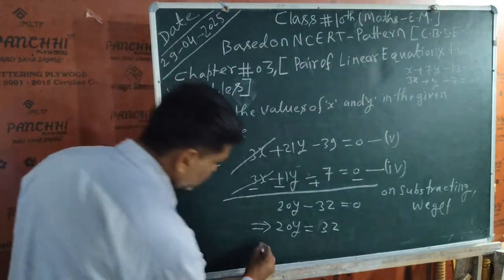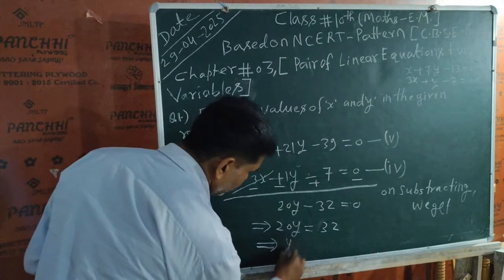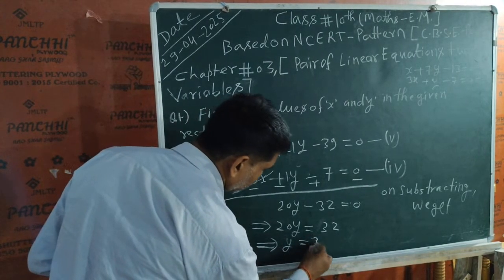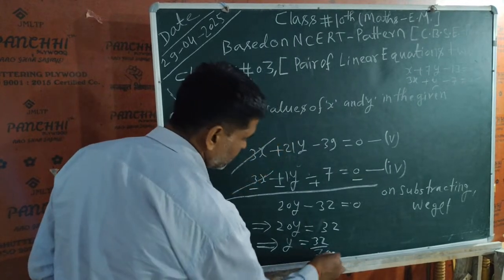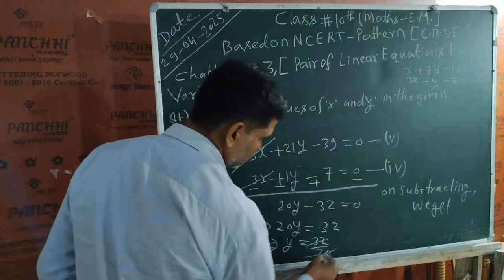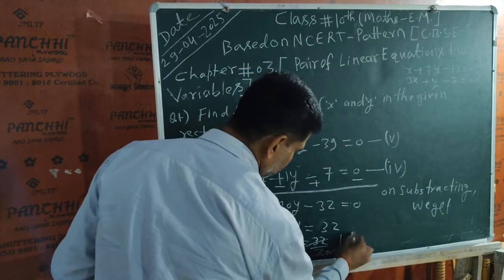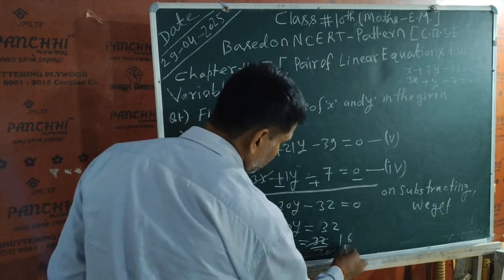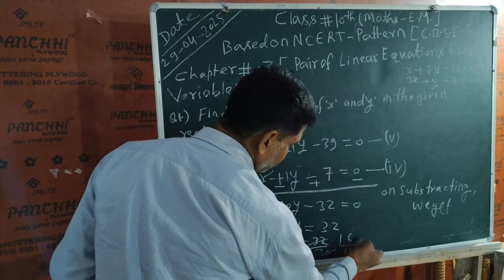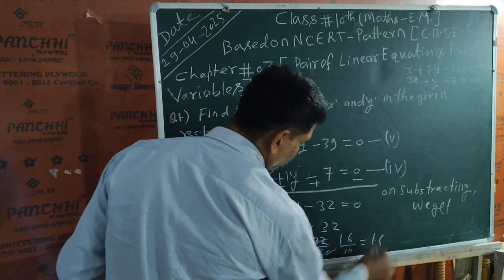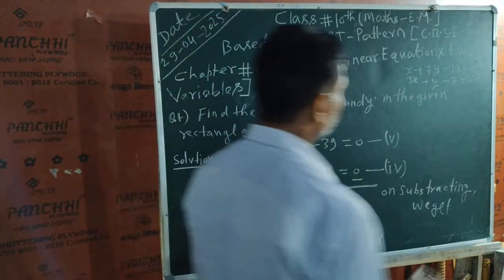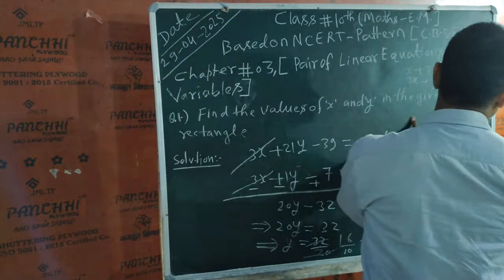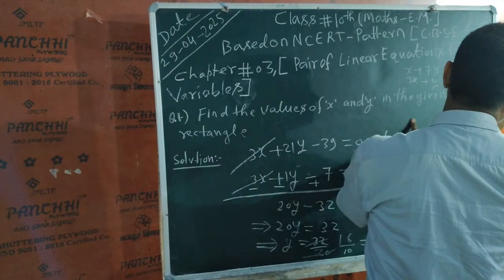Now I will simplify: y is equal to 32 divided by 20, which is 16 divided by 10, that will be 1.6. So the value of y I have got is 1.6.